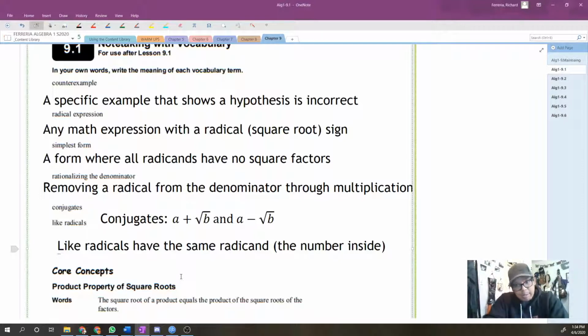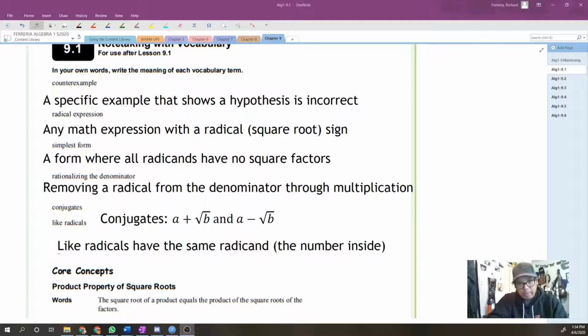A radical expression is any expression that contains a square root or a radical sign. The simplest form is the form where all radicands have no square factors, and we'll talk about that later. A square factor, of course, is, for example, 4 times 4 or 16 is a square factor.